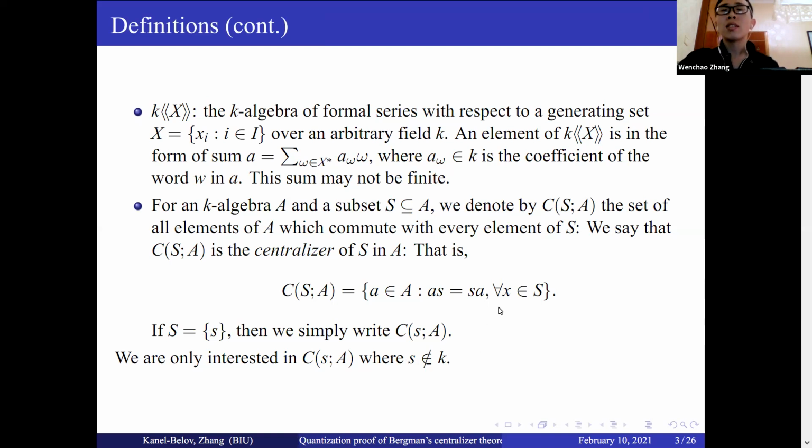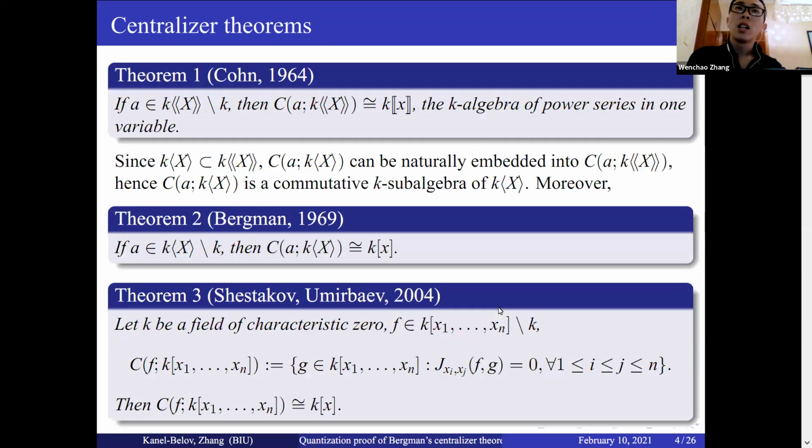There are several famous centralizer theorems. The first one was given by Cohn in 1964. It says that if a is a non-scalar element inside the K algebra of power series with respect to the set X, where X also has at least two elements, then the centralizer of a is isomorphic to the K algebra of power series in one variable.